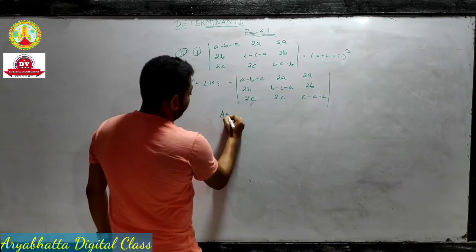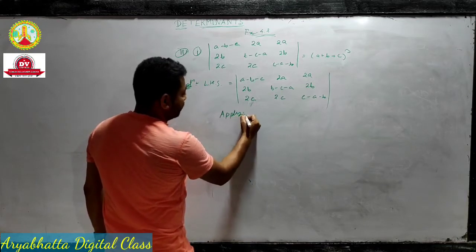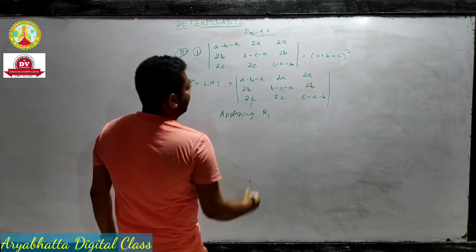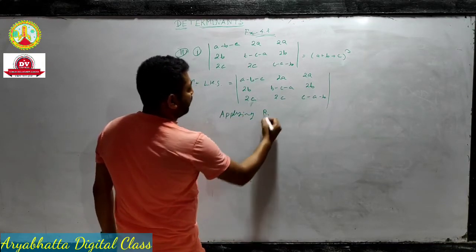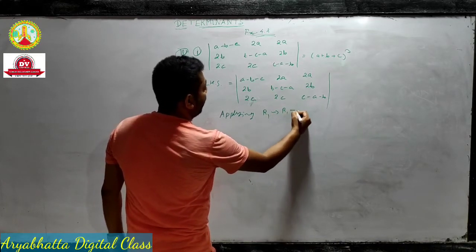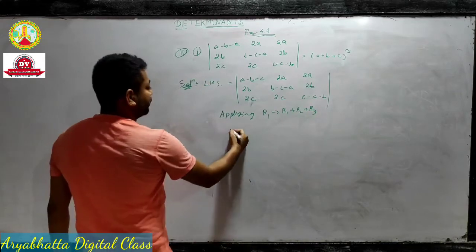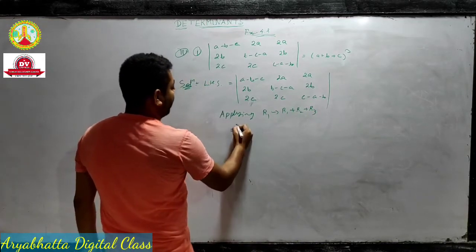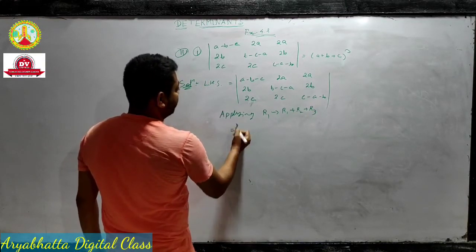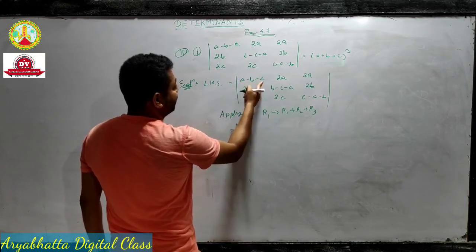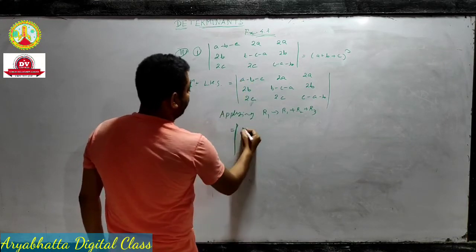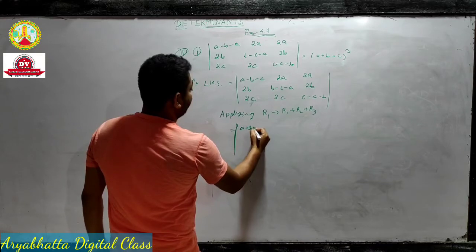Applying R1 → R1 + R2 + R3, we have a − b − c + 2b + 2c, which equals a + b + c.